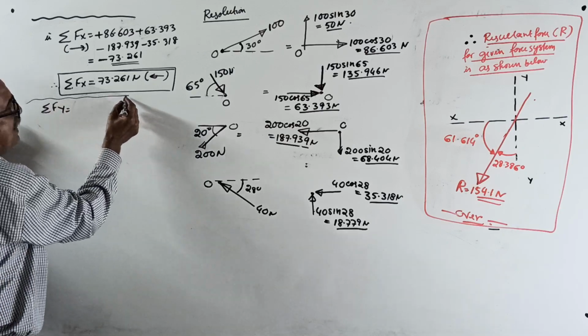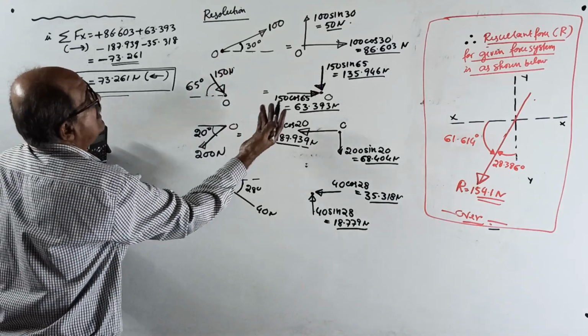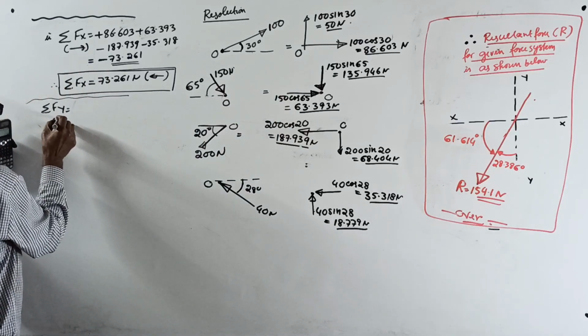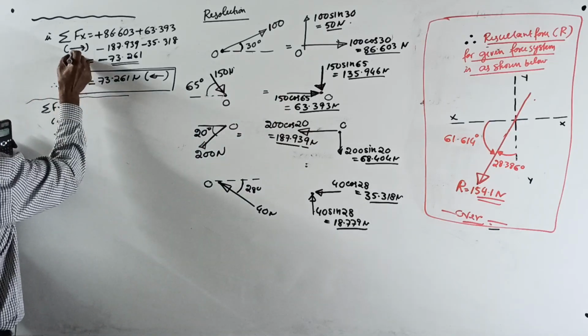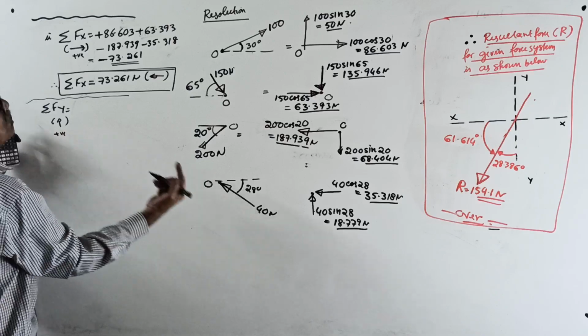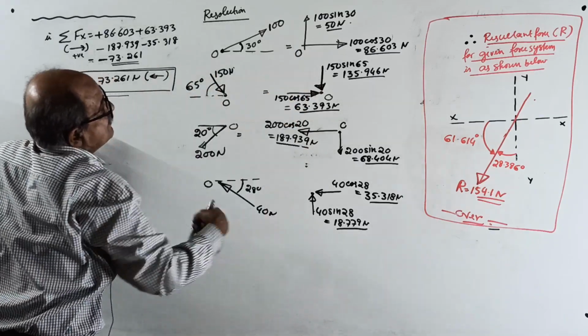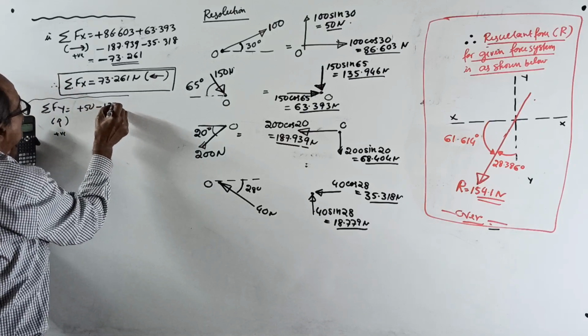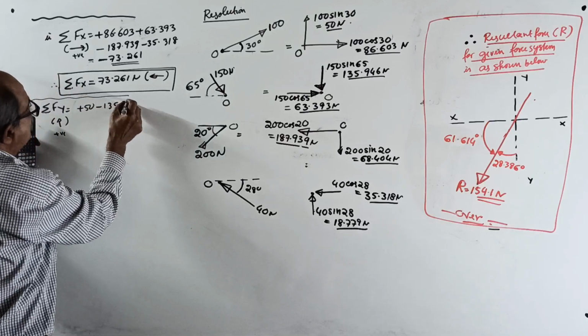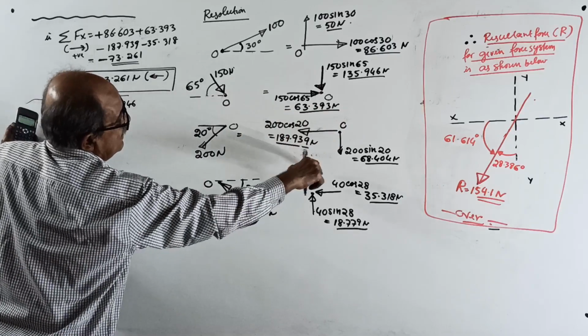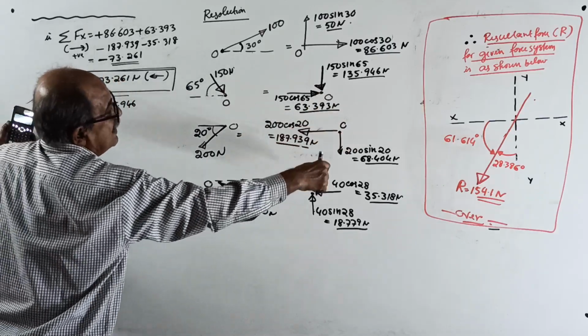Sigma fy: the algebraic sum of the components in the y direction, the vertical direction. I will take upward positive. Here horizontal, right side positive; upward positive: plus 50 minus 135.946. I have to look there. I am not looking there. What is the use of looking there now?